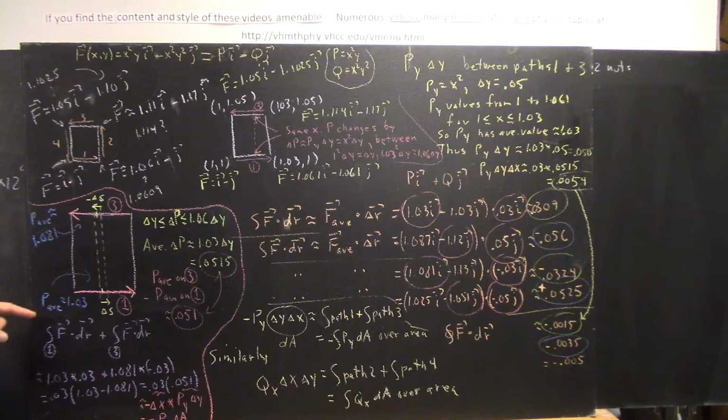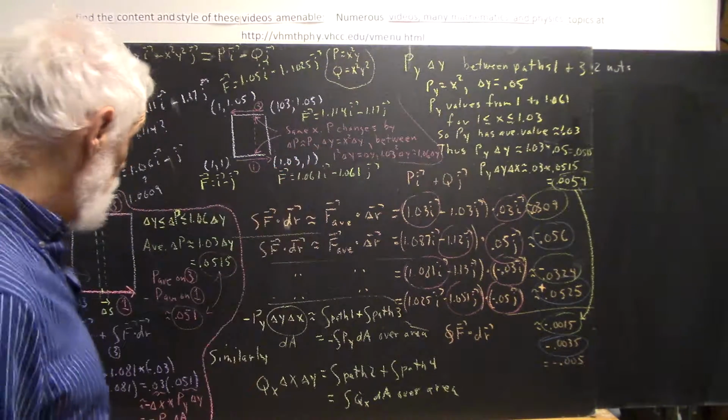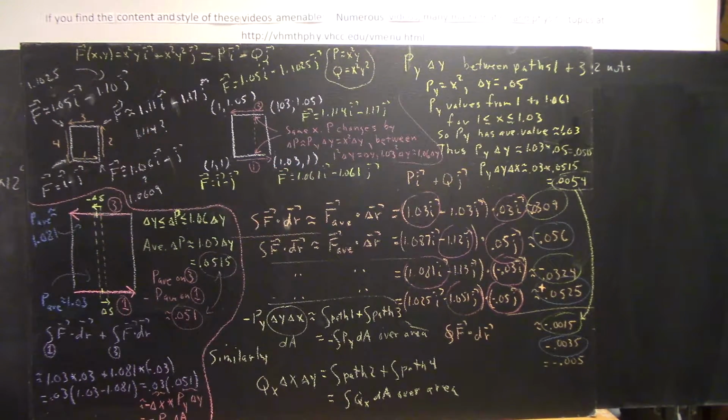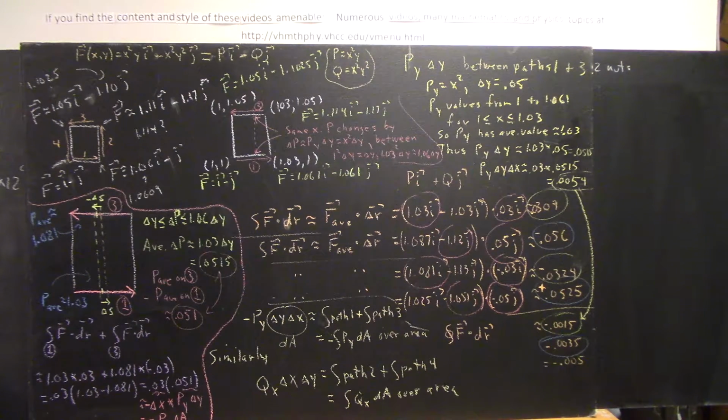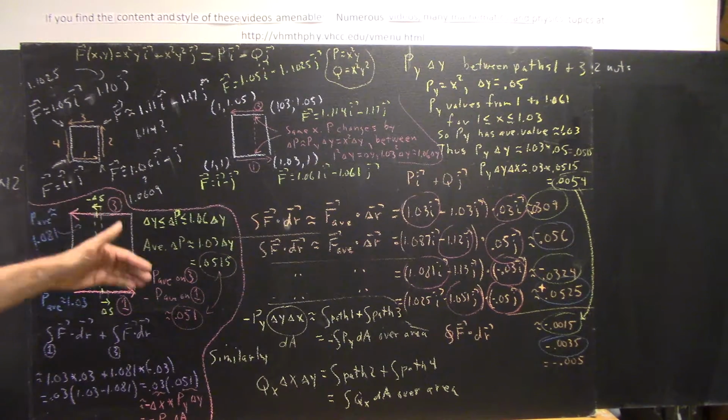Now, the average value of p down here is 1.03. The average value up here is 1.081, again because of the py delta y. So when we do the integral of f dot dr over path 1 and add it to the integral of f dot dr over path 3, this path and this path, the integral over this path is 1.03i dotted with 0.03i.